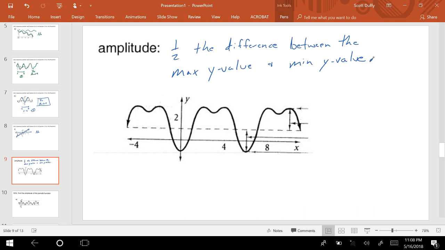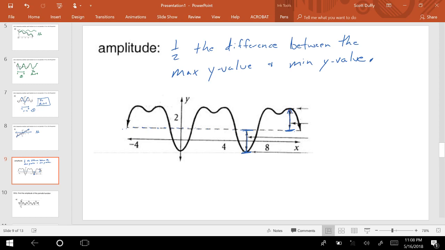Now, if we wanted to find the amplitude of this, what you pretend is that you have drawn a line right through the middle, sideways through the middle of a periodic function. And then what we're asking is to get from the middle to the minimum, what is that distance? It should be the same distance as from that middle line that you drew to the maximum, or the very top of the periodic function.